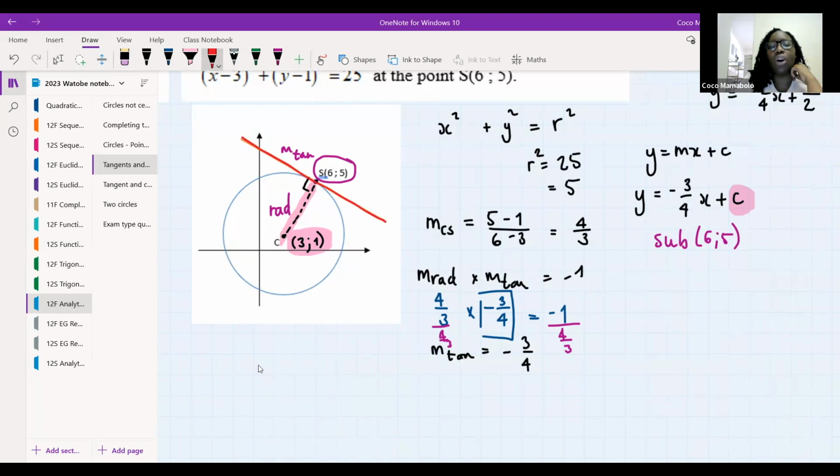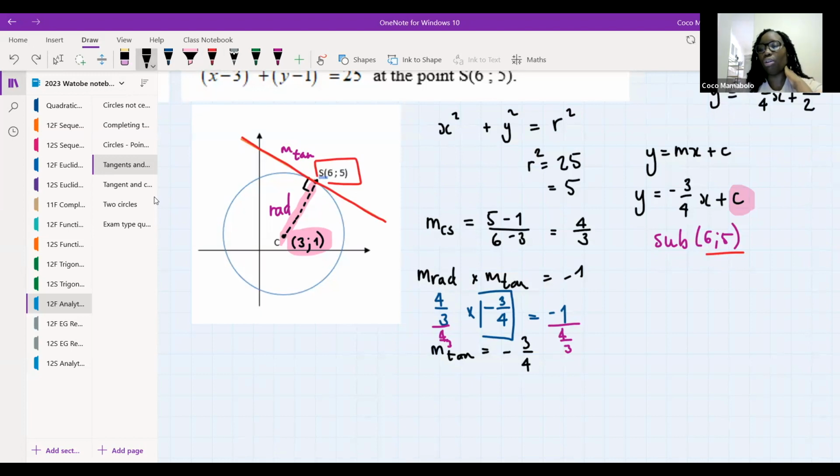The only point that lies on the tangent line is this one, 6 and 5, right? So that's why we're subbing in 6 and 5. We can't sub in 3 and 1. It's not on our line. It's not on our tangent. So we have to sub in the point 6 and 5.